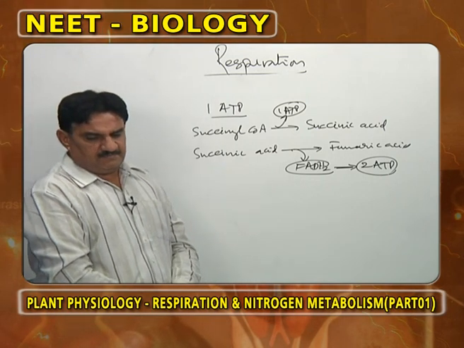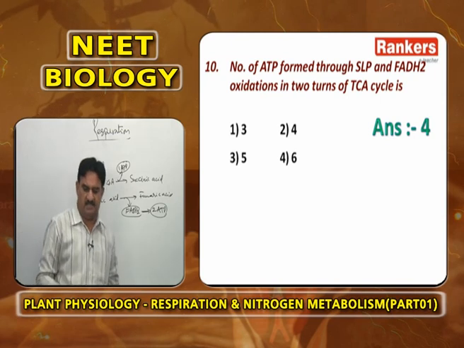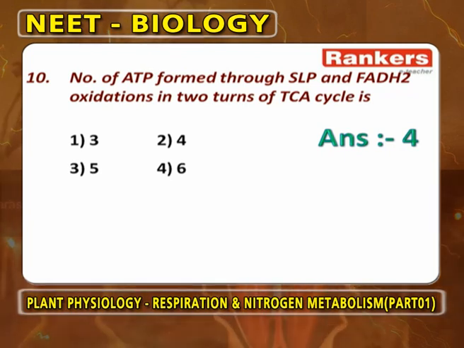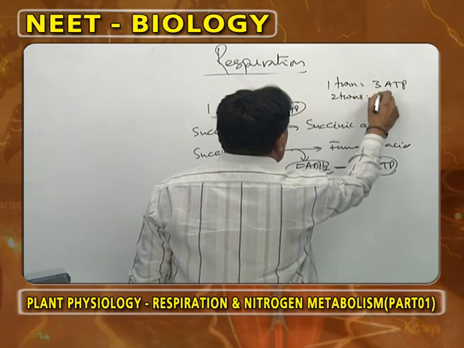The number of ATP formed through substrate level phosphorylation and FADH2 oxidation in 2 turns of Krebs cycle will be, for 1 turn, 3. For 2 turns, it is 6.